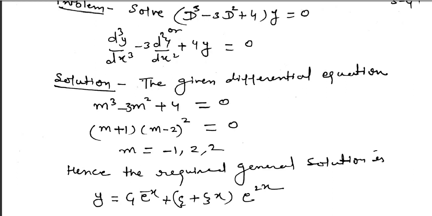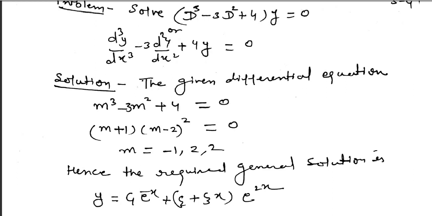If m minus 2 equal to 0, m is equal to 2. Again, m minus 2 equal to 0 means m equal to 2. So for this equation, there are three roots. One root is distinct and two roots are equal. So here it is required to apply both formulas, for real and distinct roots as well as real and equal roots.